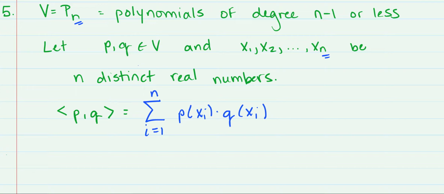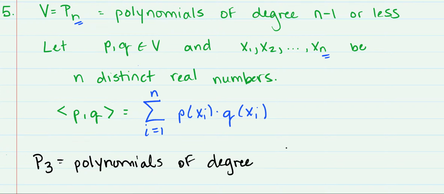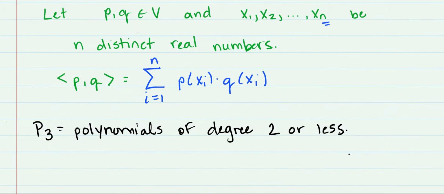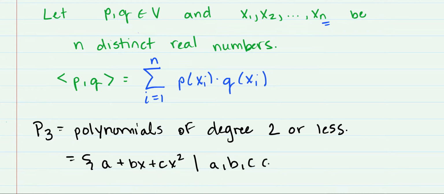So our example is going to be, let's say, P3, which is polynomials of degree 2 or less, which is polynomials that look like this: a plus bx plus cx squared, where a, b, and c are in the real numbers.